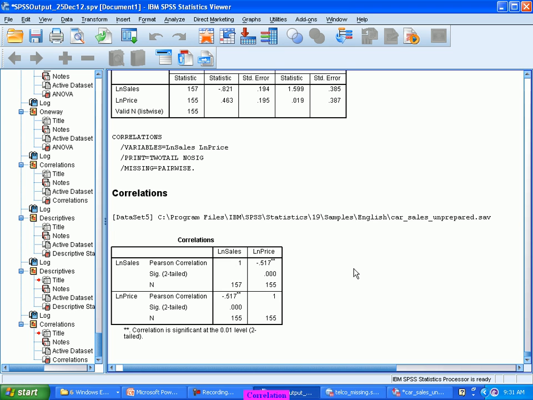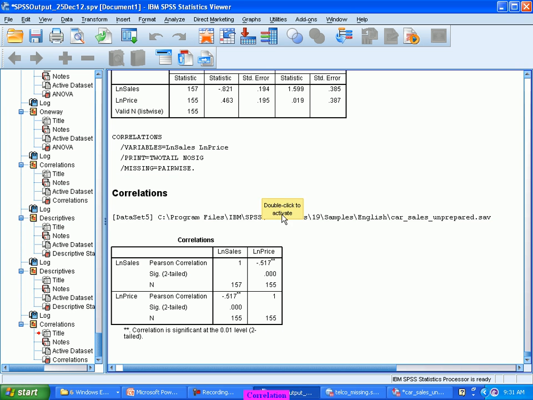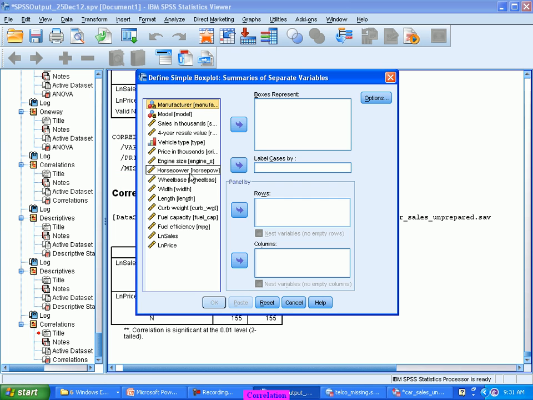Right? And now, if I go slightly more, I'll even eliminate one or two variables, or one or two records. So for that we are doing the box plot. Let's say I do the box plot, wherein I am taking log sales as well as log price, both of them.